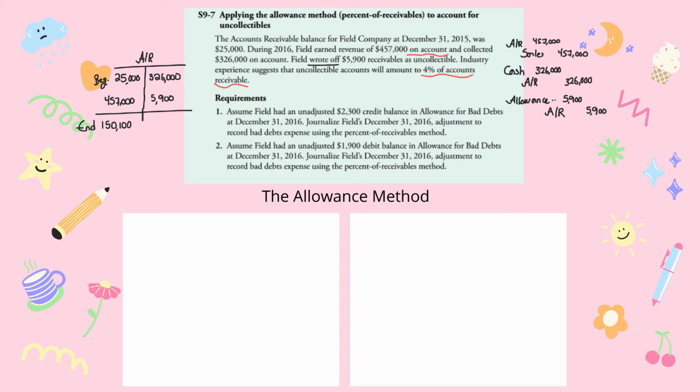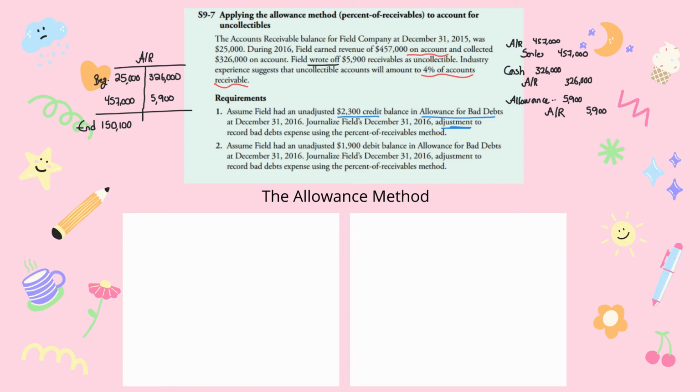Now let's read the requirements. Requirement number 1: assume Field had an unadjusted 2,300 credit balance in the allowance for bad debts at December 31st, 2016. Journalize Field's December 31st, 2016 adjustment to record bad debt expense using the percent of receivables method.